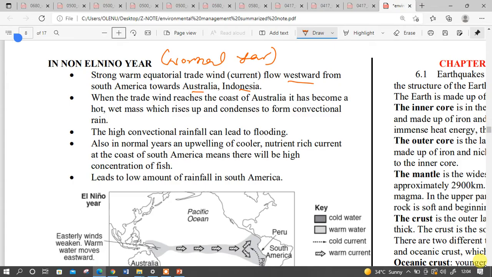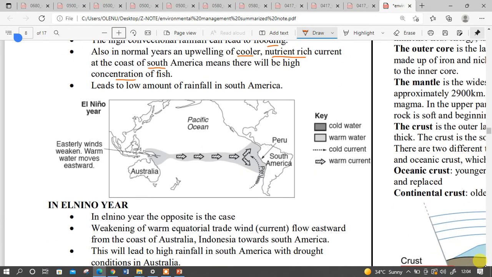Now, when the trade wind reaches the coast of Australia, it has become a hot, wet mass which rises up and condenses to form convectional rain. Now, the high convectional rain can lead to flooding. Also, in a normal year, an upwelling of cooler, nutrient-rich current at the coast of South America means there will be a high concentration of fish, leading to a low amount of rainfall in South America.